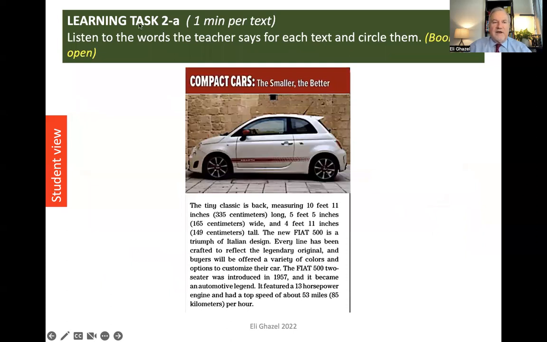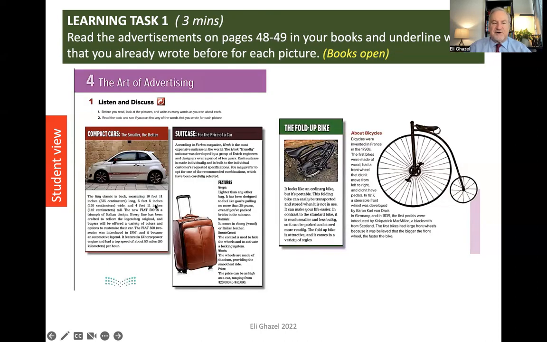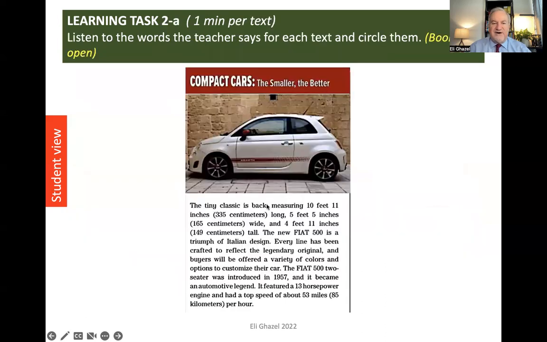Now, here, we're going to give the students a task. The task says, listen to the words the teacher says for each text and circle them. So here, the students were looking for any words they might have written before. Here, the students are going to be looking for words that they hear from the teacher.